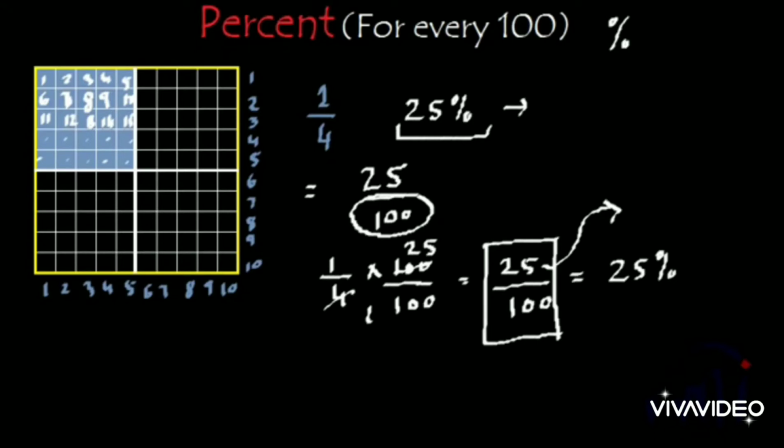Now I think you have got what the percentage actually is. If we need to standardize the fraction, we simply take the numerator part of the fraction and solve it by multiplying and dividing by 100 in the numerator and the denominator.